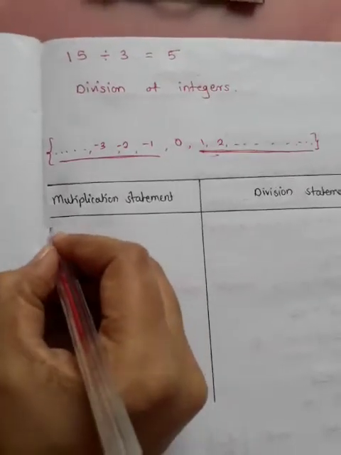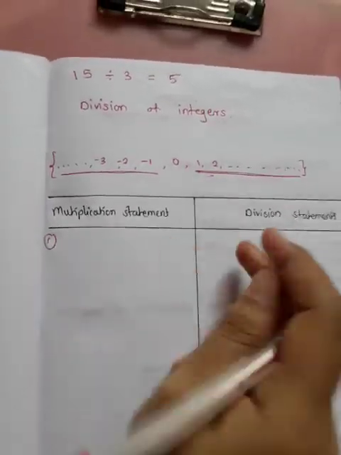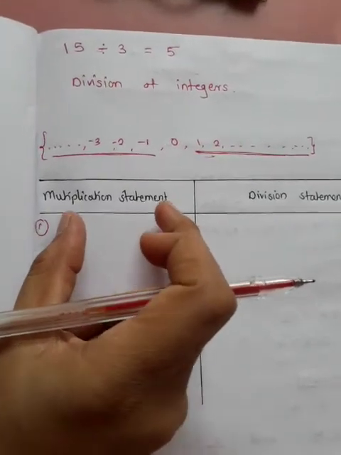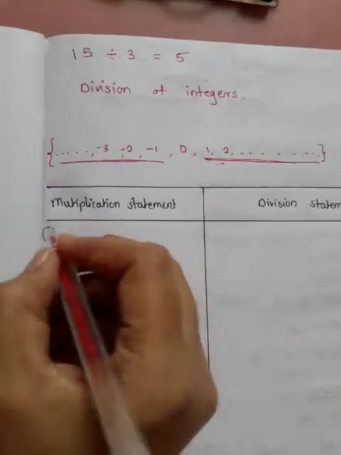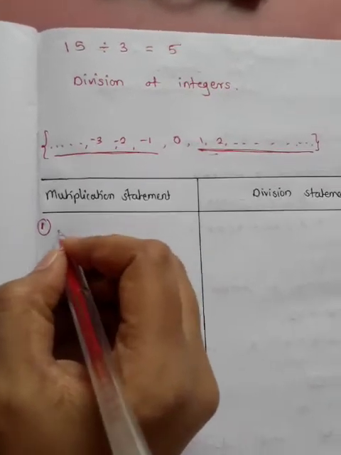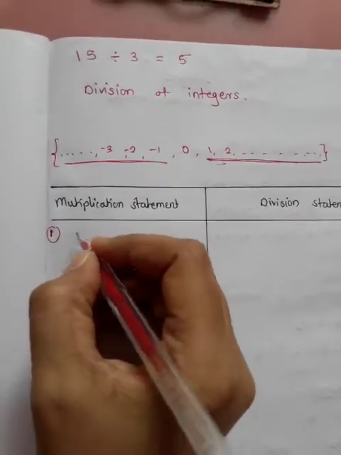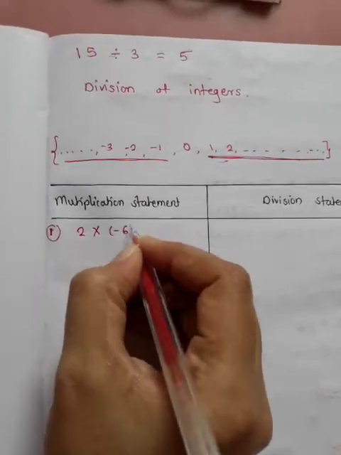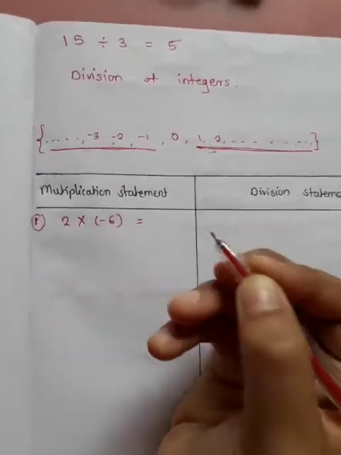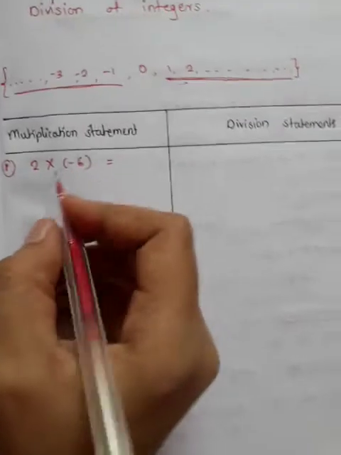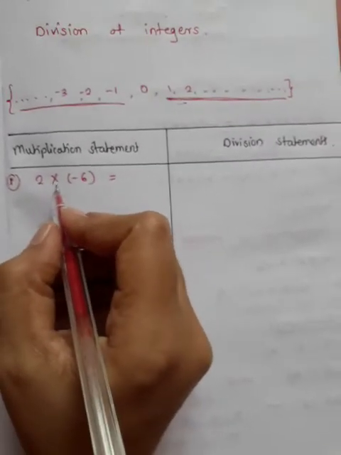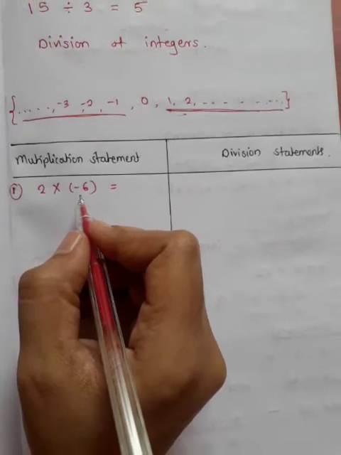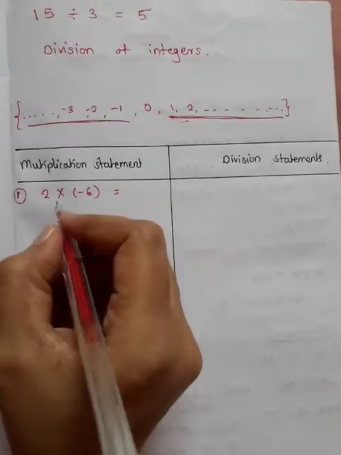This table is divided into two parts. First is the multiplication statement. Let's take some multiplication statements. The first statement I can take is 2 into -6. You have learned about the multiplication of integers.